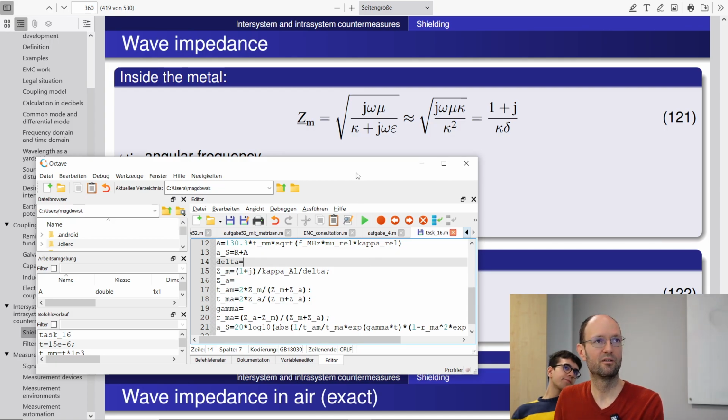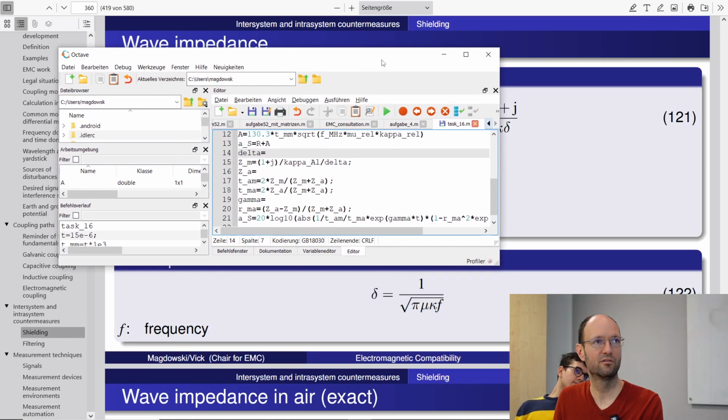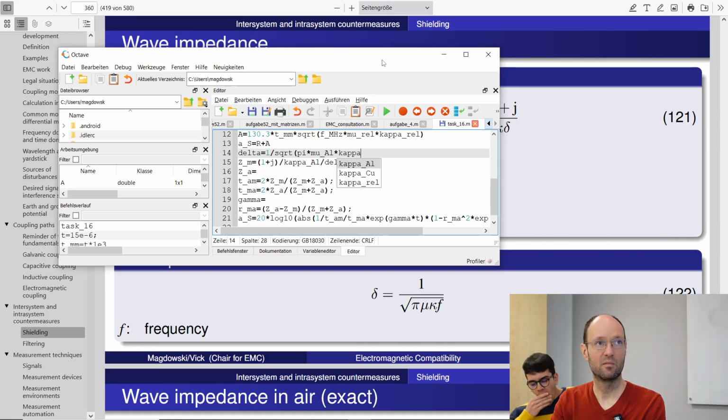Delta is the skin depth. This is given here: it's 1 divided by the square root of pi multiplied with mu, I will call this mu aluminum, multiplied with the kappa of aluminum and multiplied with the frequency.